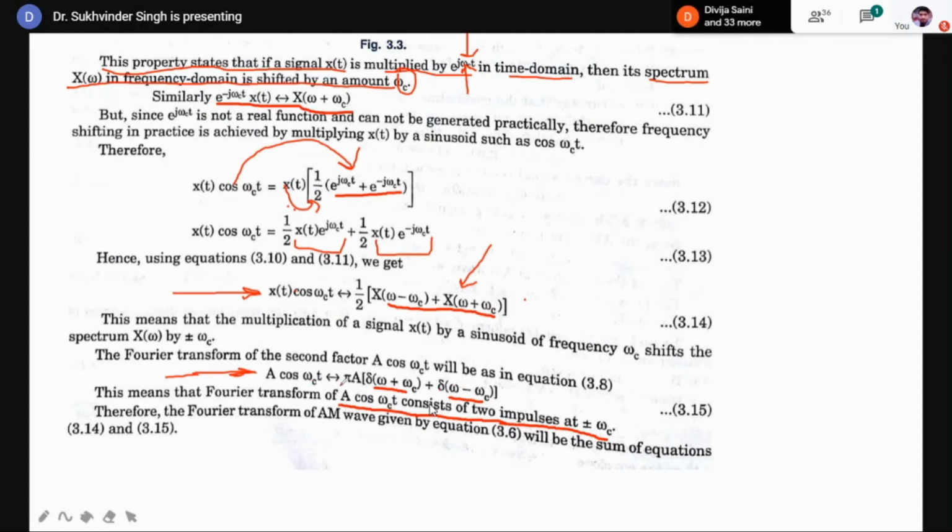So the carrier signal equation is also shifted into the frequency domain, and it is equal to pi A times delta(omega plus omega_c) plus delta(omega minus omega_c). These omega plus omega_c and omega minus omega_c are the shifts in the frequency of the carrier wave around the impulses present in the carrier wave.